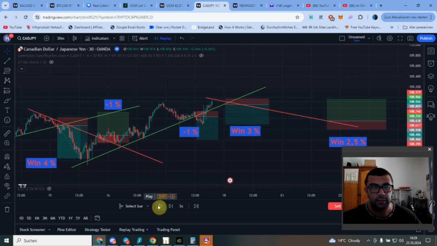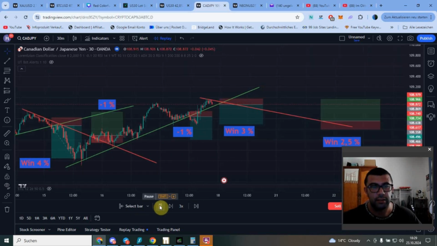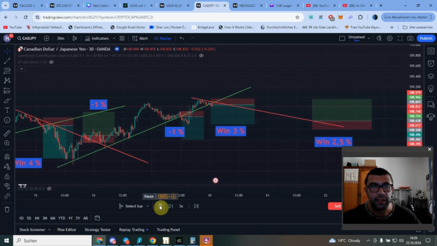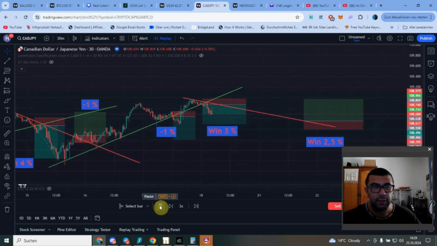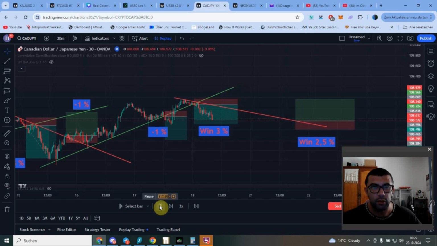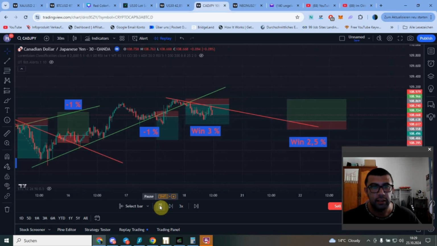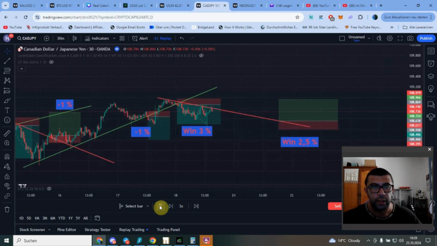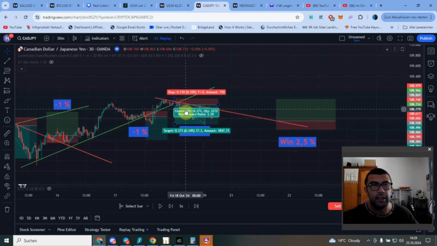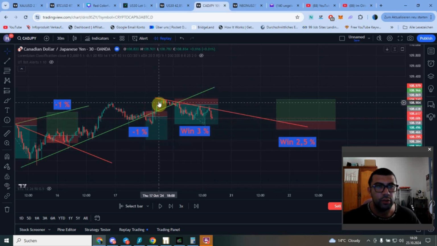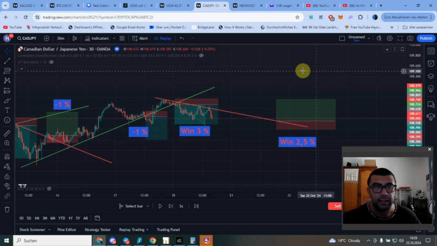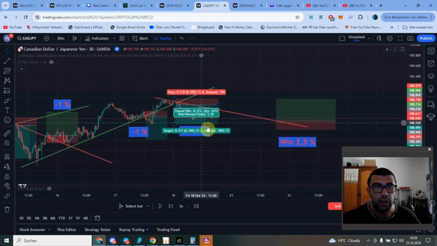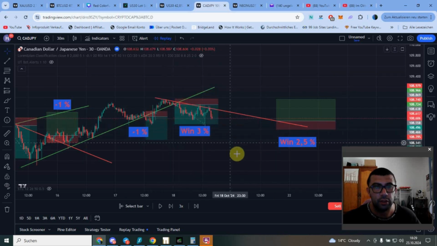So the next trade was like this. We cross the trend line again, and then we push very strong to the downside, and it got already smashed. And here you can see, even when we cross above and cross down again, it means that the trend is still valid and we are breaking the structure and moving to the downside.